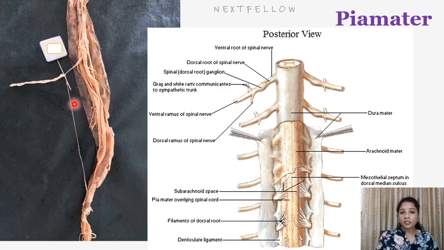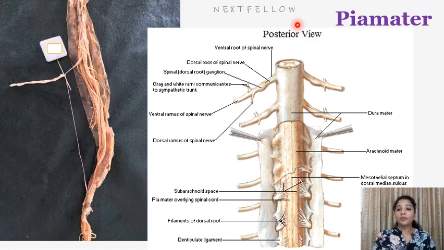It is a thin glistening white thread-like structure extending from the tip of the conus medullaris to the dorsal surface of the coccygeal vertebra. The initial 15 centimeters, the internum, is present within the dural sac, and the externum is present outside the dural sac.